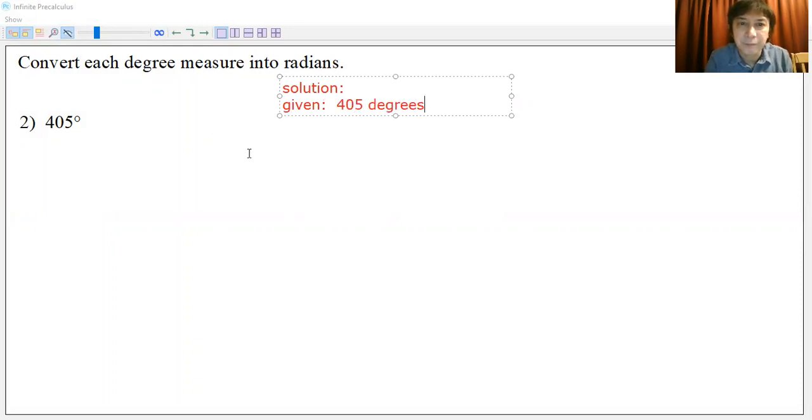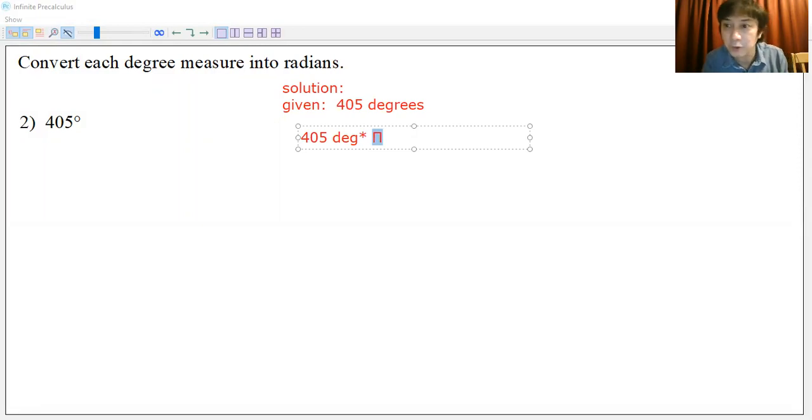So we're going to solve 405 degrees. Let's abbreviate that this way. And then this is times the quantity. We will start with the pi on top. So we can just copy that for future paste.